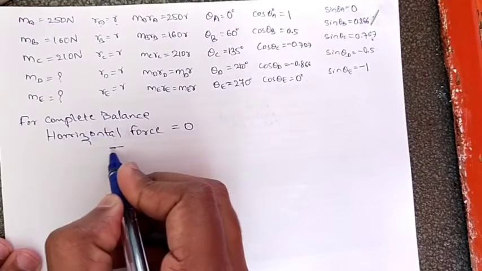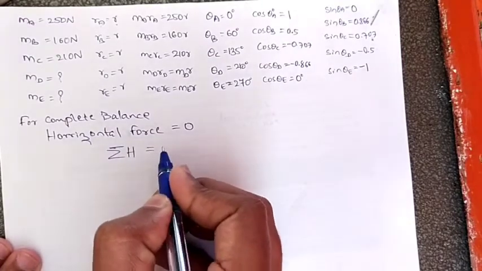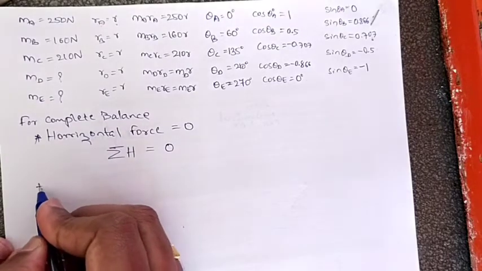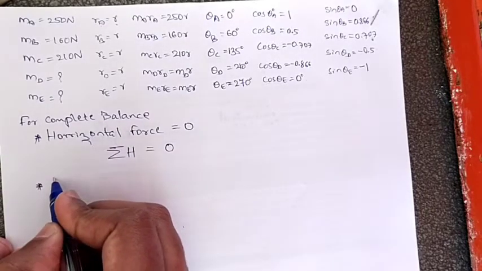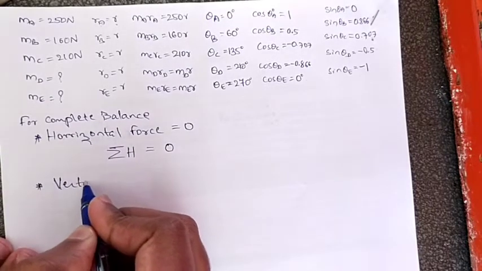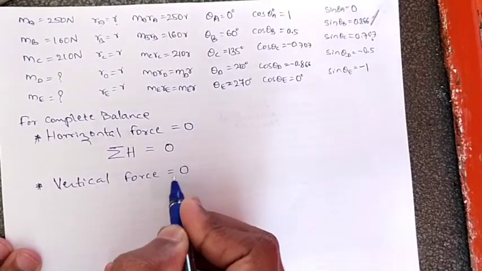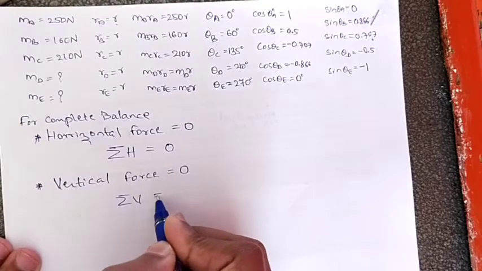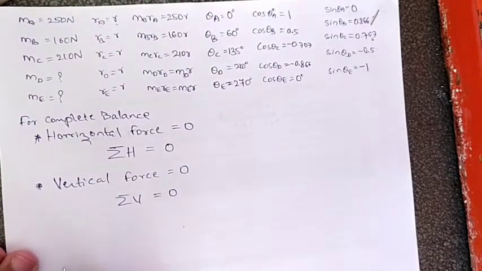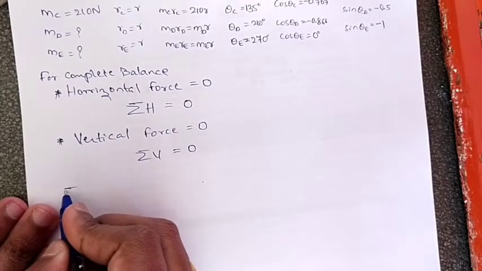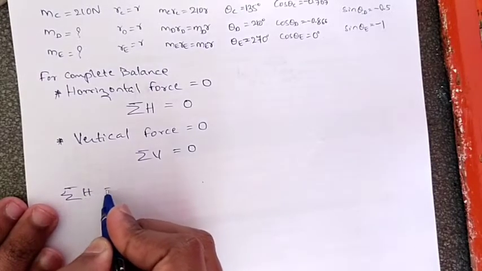That means summation of delta H is equal to 0. This is the first condition. For complete balance, the vertical force is equal to 0, that means delta V is equal to 0. So now delta H is equal to 0.